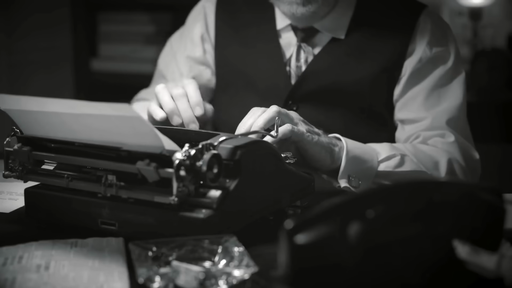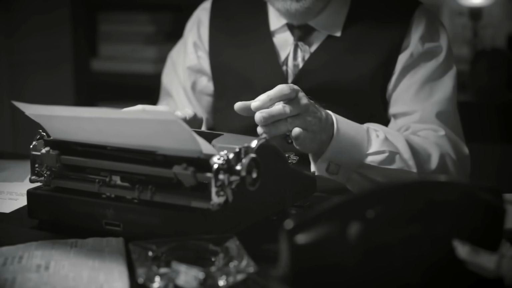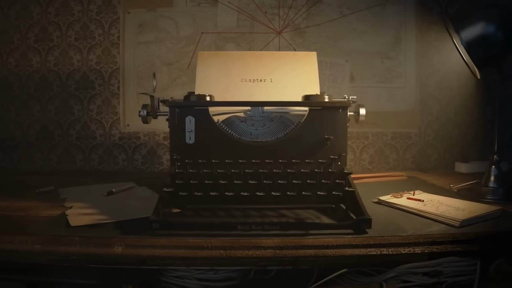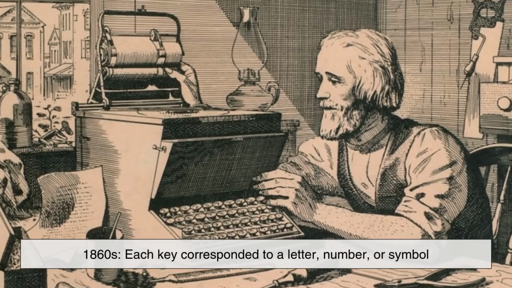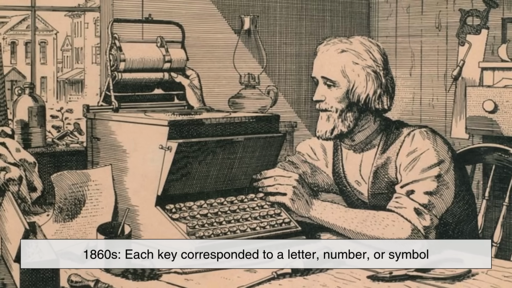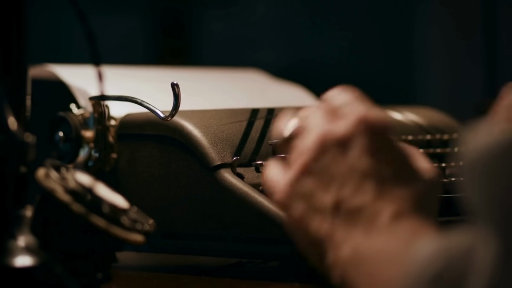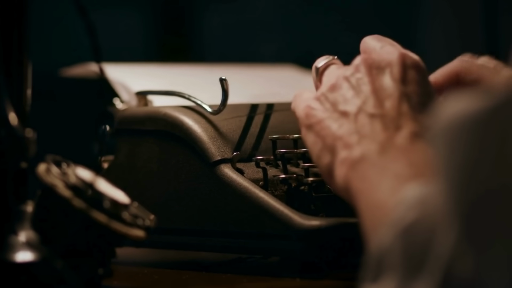Speaking of typewriters, they play a huge role in how the modern computer keyboard got its name. The typewriter was essentially the ancestor of the computer keyboard. It was first introduced in the 1860s, and each key corresponded to a letter, number, or symbol. Typists would press these keys, and the machine would imprint inked characters onto paper.